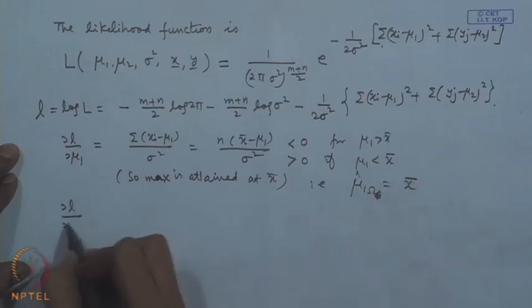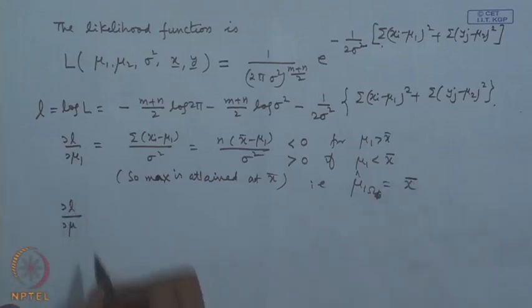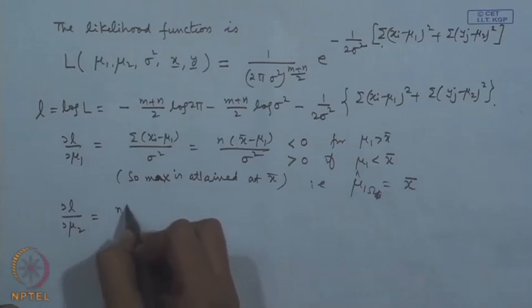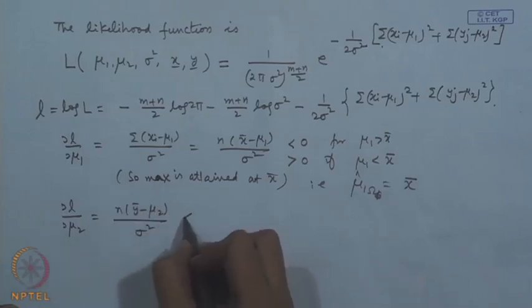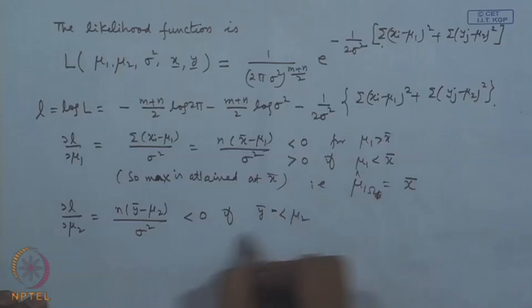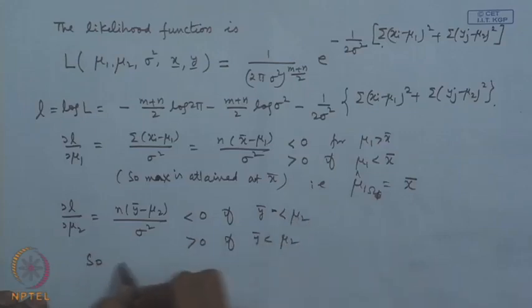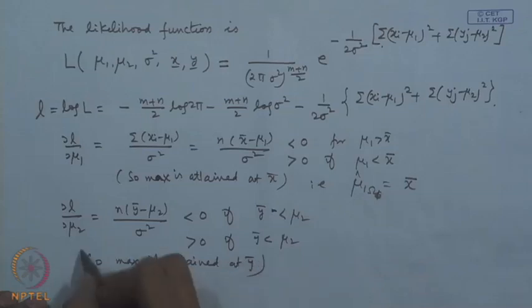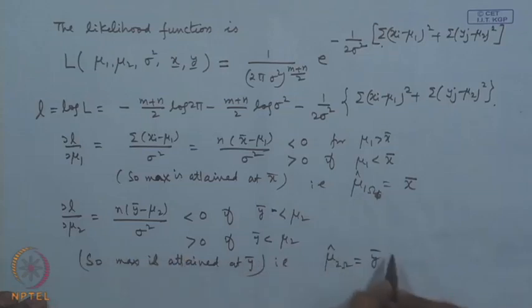Similarly, del l by del mu 2 is equal to n times y bar minus mu 2 by sigma square, that is less than 0 if y bar is less than mu 2, and greater than 0 if y bar is greater than mu 2. So, the maximum is attained at y bar, that is mu 2 hat omega is equal to y bar.